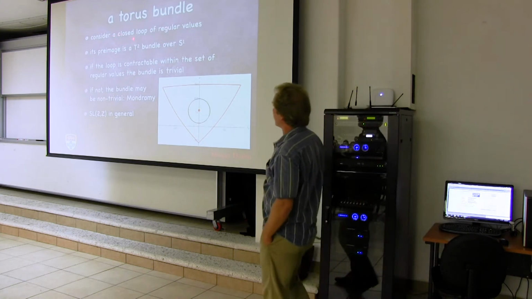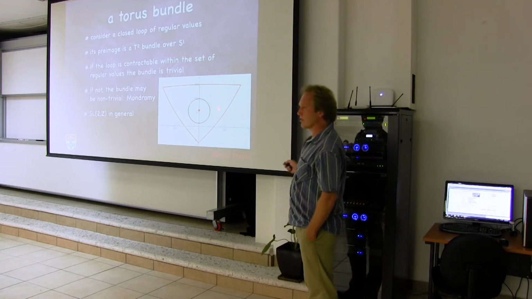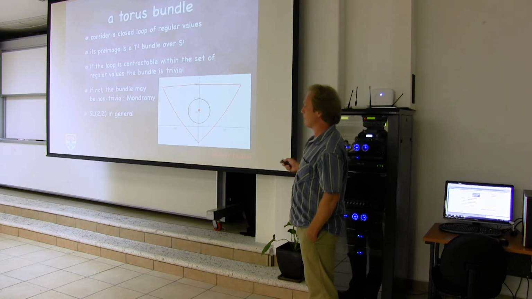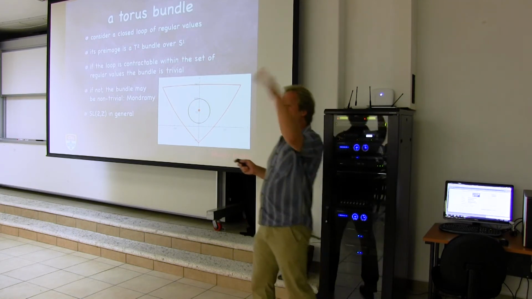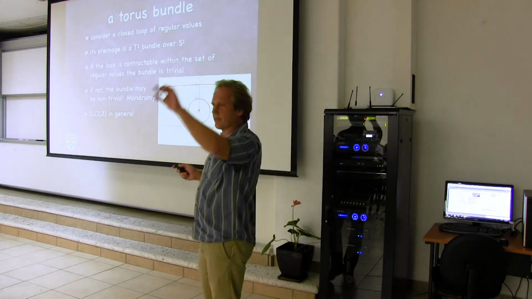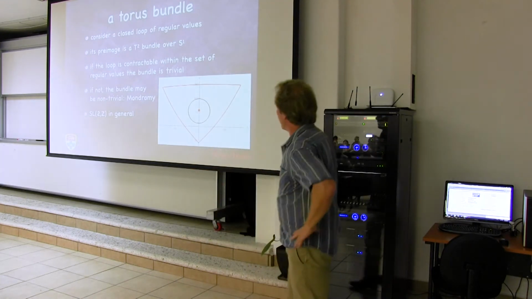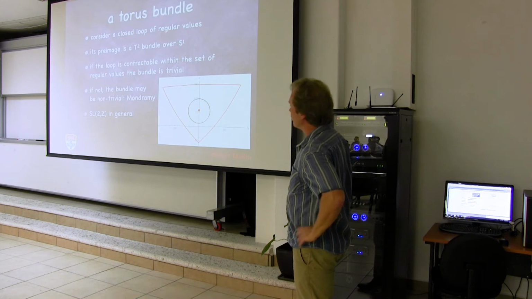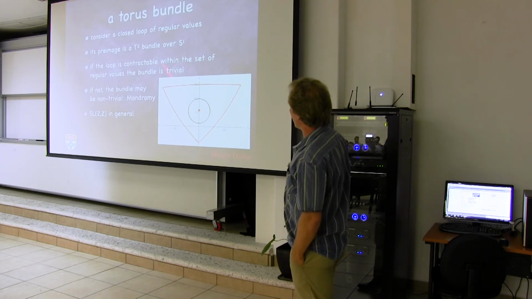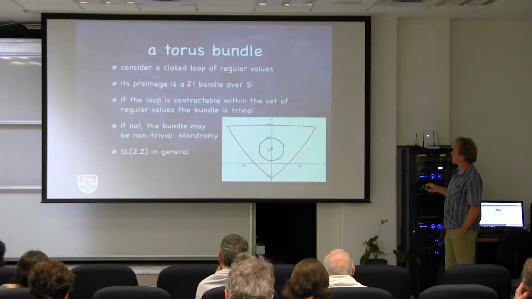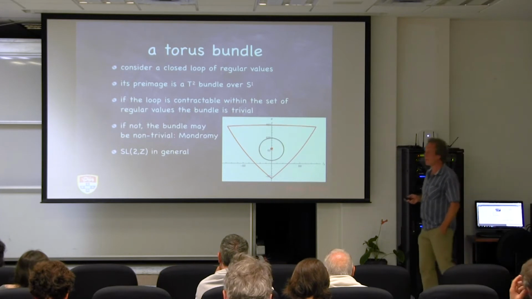So let's look at a closed loop of regular values in the image of the map F, and every point here in the pre-image, not the pre-image in the six-dimensional system, just in the four-dimensional system, has a 2 torus. So that is a torus bundle over S1.